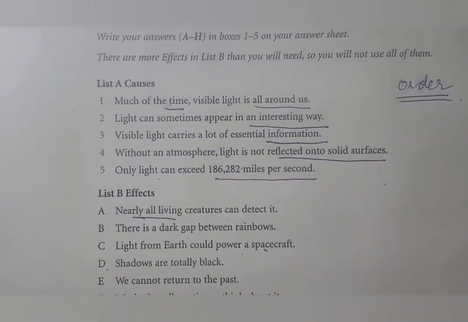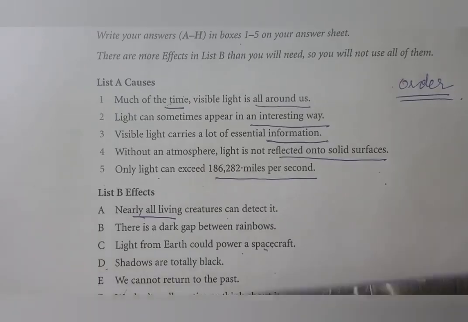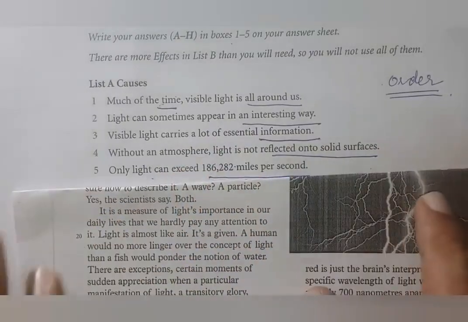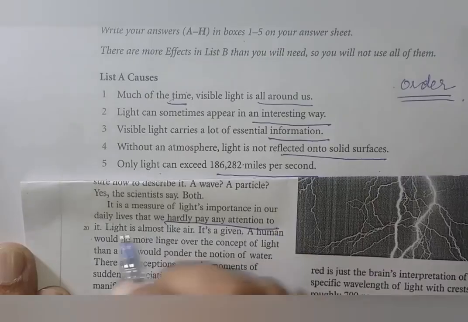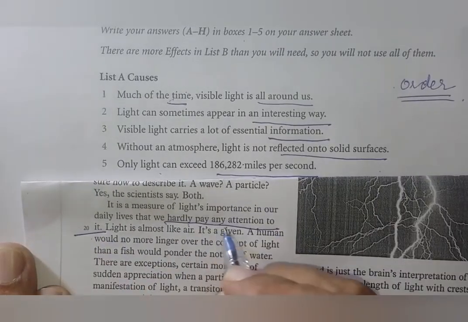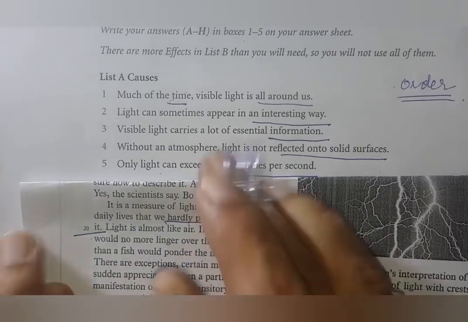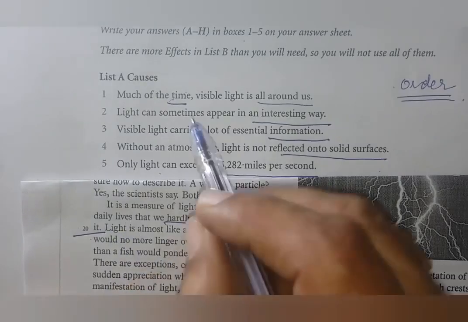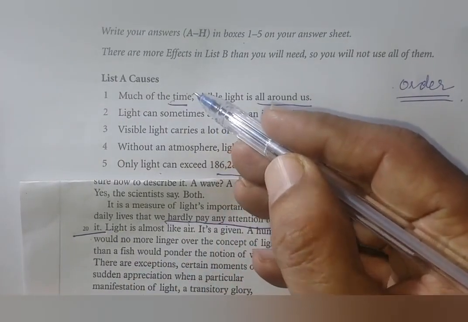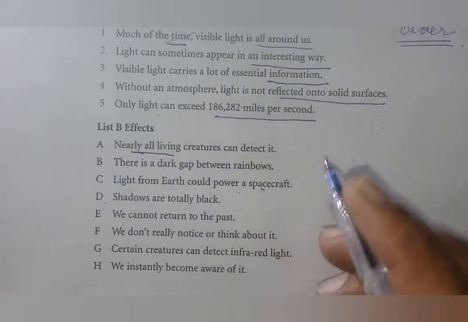Now what is my question? Much of the time visible light is all around us. Agree. So he said it is a measure of light's importance. We hardly pay any attention to it, right? It's the light's importance in our daily lives. So now what is the effect here?